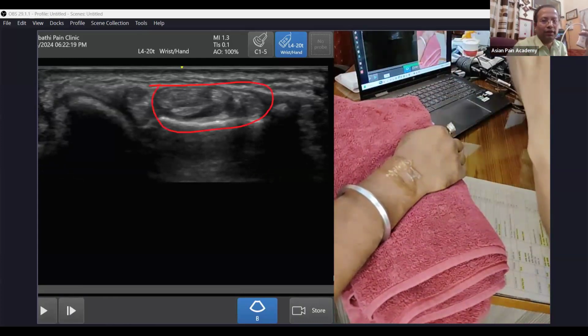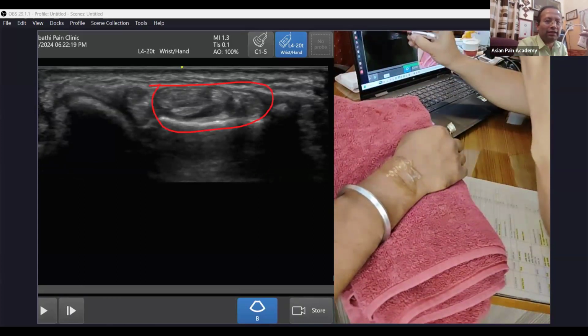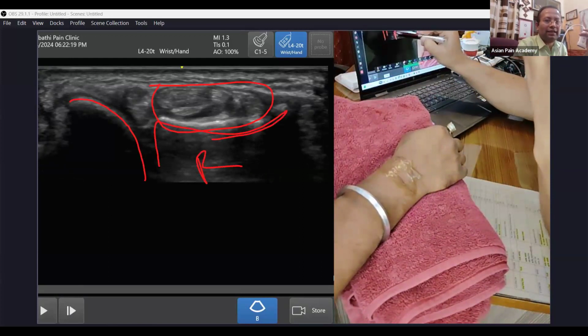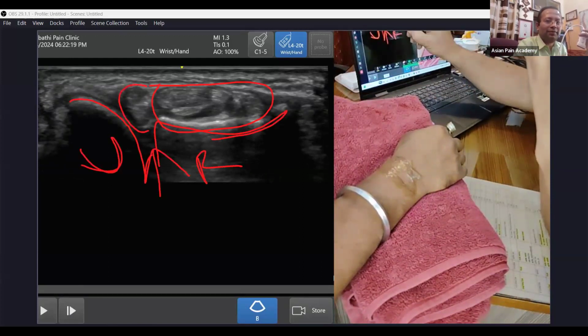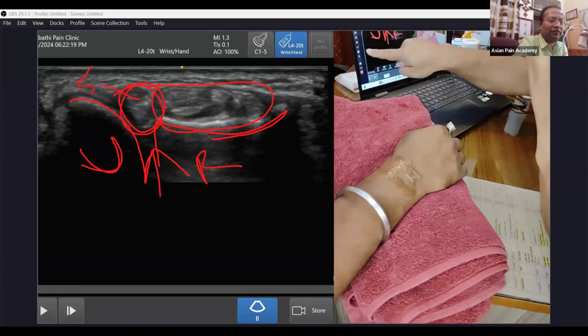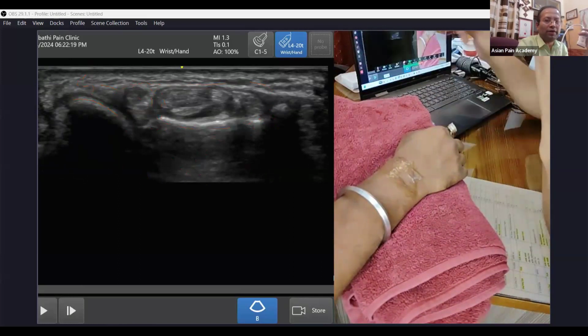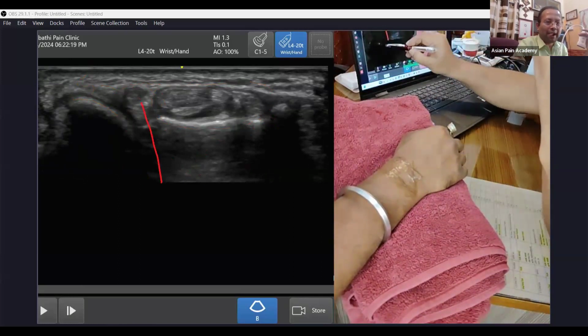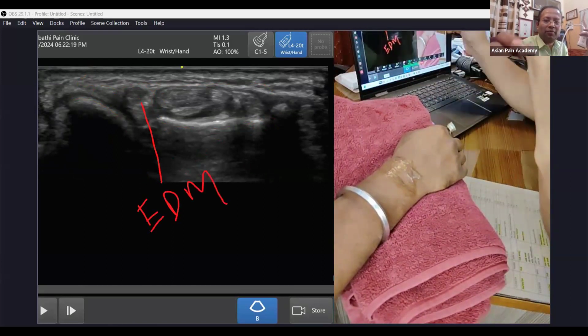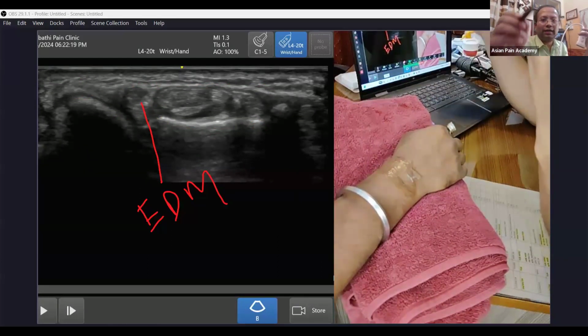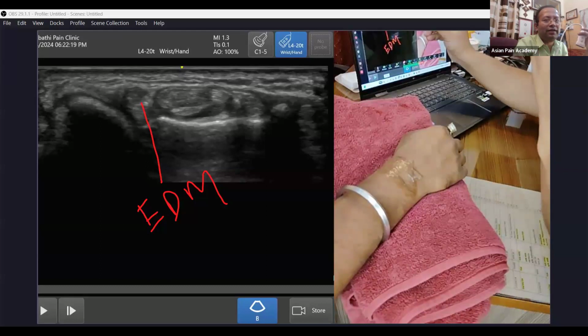Compartment number 4. And as we can understand, this is the joint. This part is radius and this part is ulna. So this is the joint. Just above the joint there is a tendon. So this is compartment number 5. Compartment number 5 means extensor digiti minimi. Compartment number 4, here there are two different tendons.